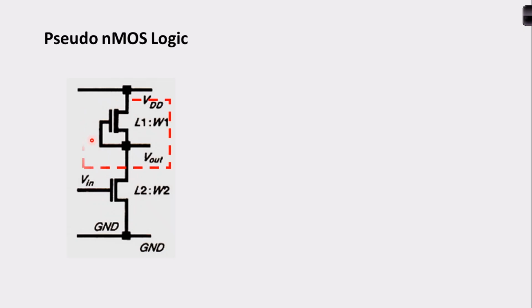This NMOS logic was ratioed logic, that is, the length to width ratios for the pull-up and pull-down regions are different, and that varies in terms of design.